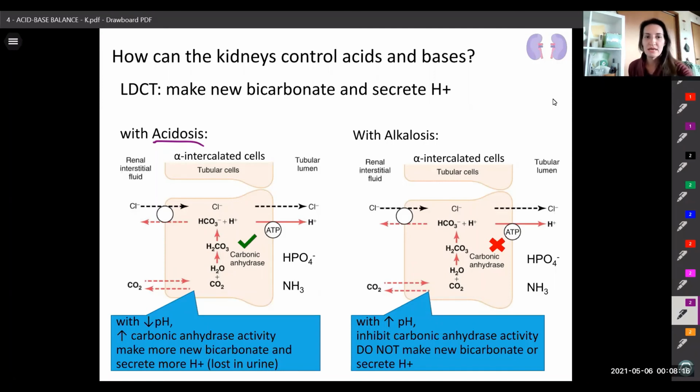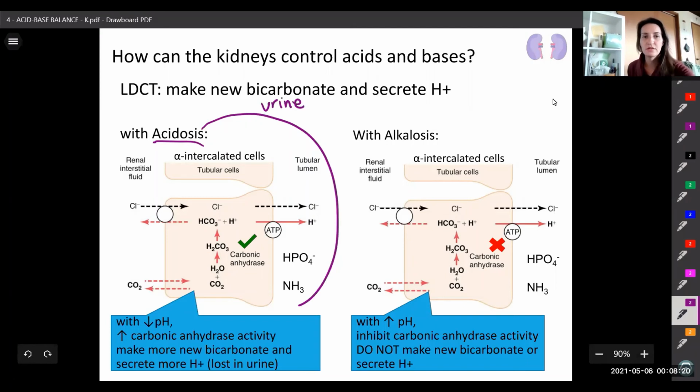This informs us as to why urine for an individual with acidosis is acidic, because we have secretion and then loss of hydrogen ions here along the late distal convoluted tubules. Urine is acidic rather than basic.